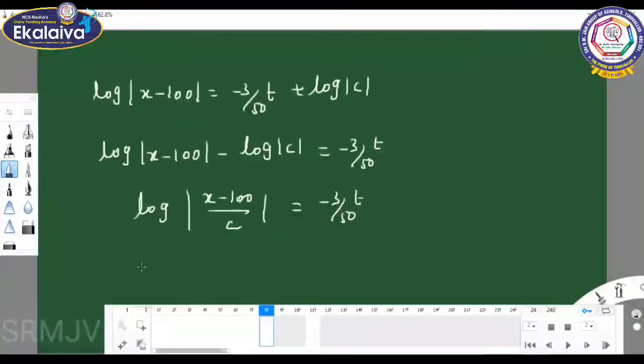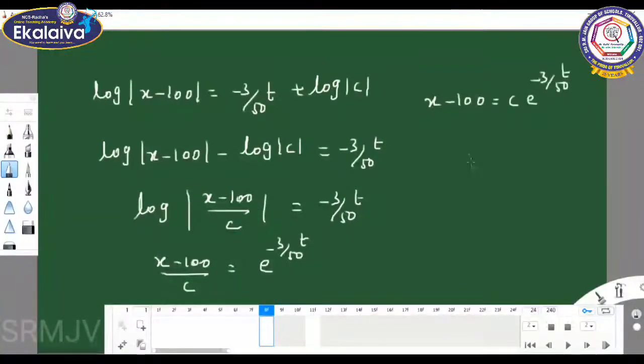Taking anti-log on both the sides, x minus 100 by c equal to e power minus 3 by 50 into t. So x minus 100 equal to c e power minus 3 by 50 into t.